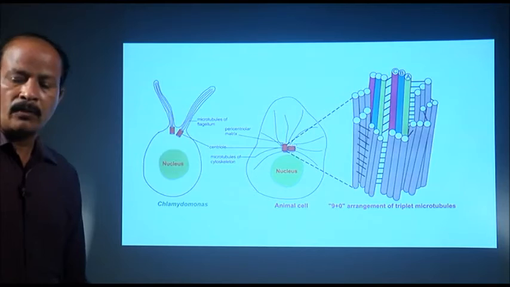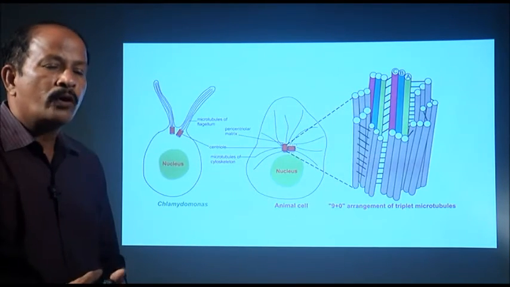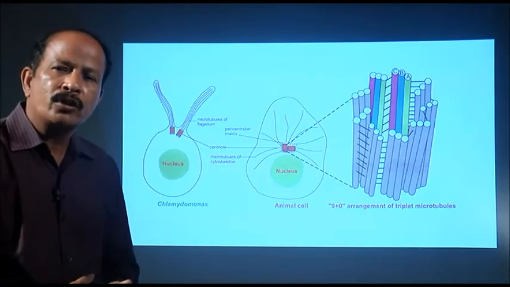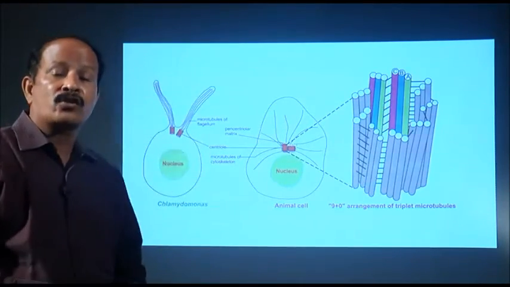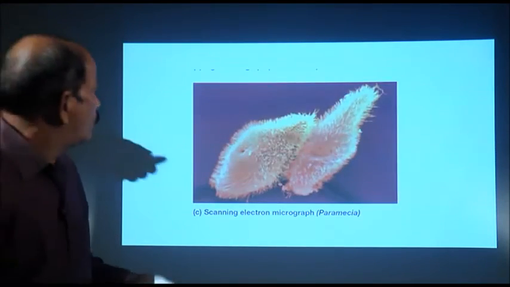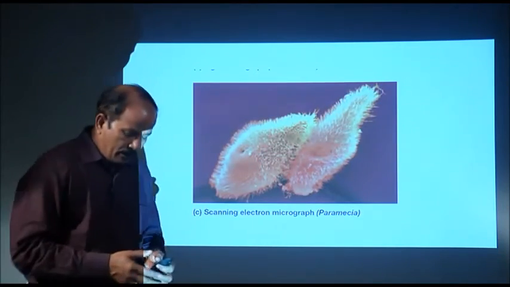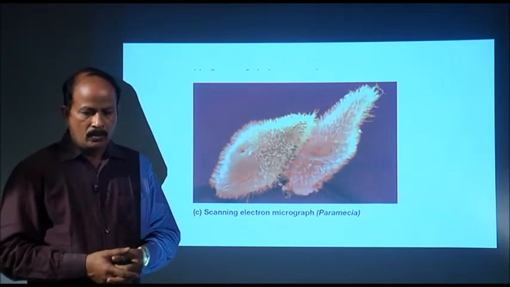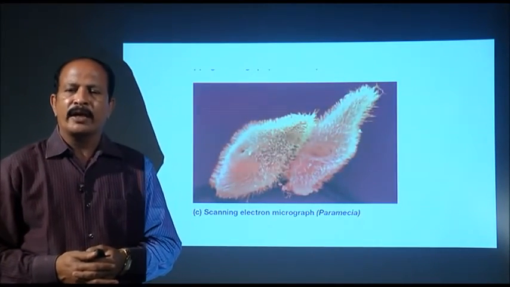So, centrosomes are very important in microtubule formation at the pole region during cell division, as we have seen in the first slide of cytoskeleton. So, already I have shown you this scanning electron micrograph. Okay. The concept we did not know at all in our school time, that is cytoskeleton.